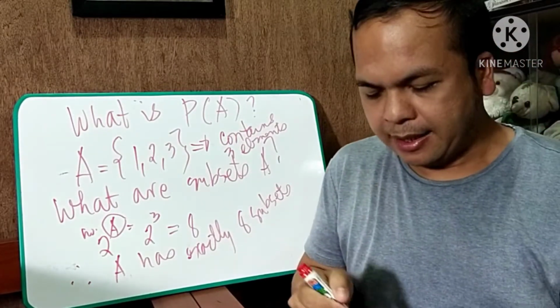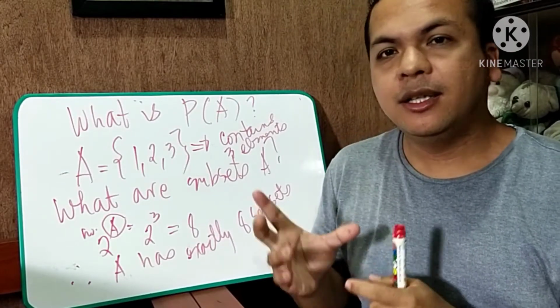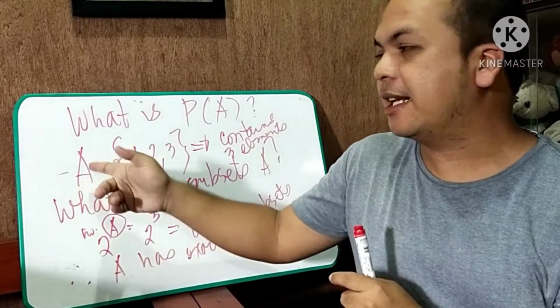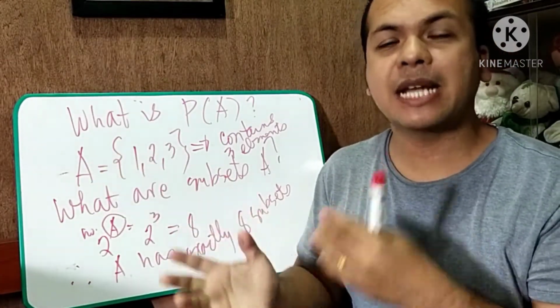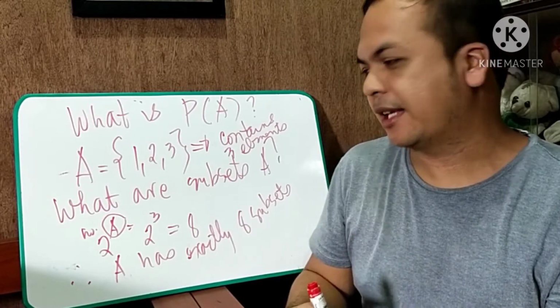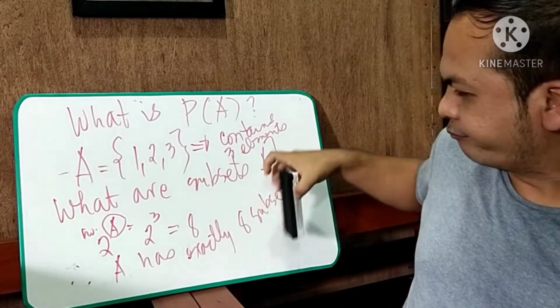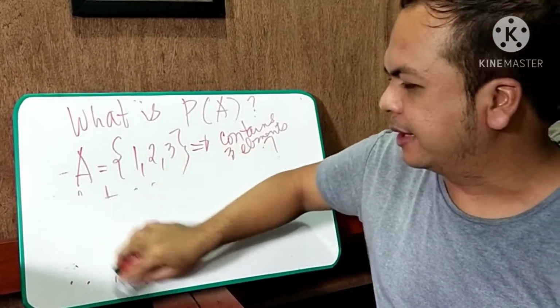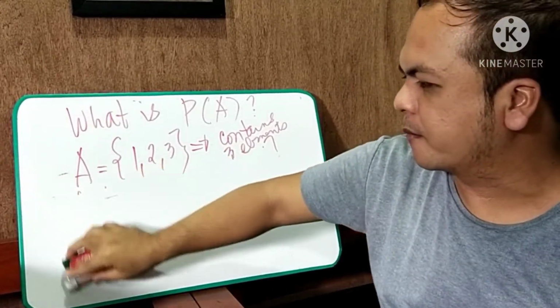Now, we already know that this set contains 8 subsets. What are these subsets? Let us list down the subsets of A.